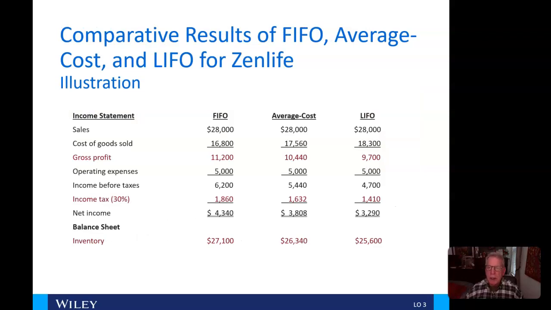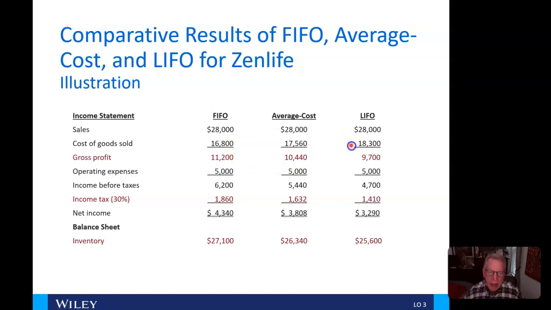Okay, now as we look at a period of rising costs and we compare these, we will always find that the average cost falls between LIFO and FIFO here. So you can see sales is going to be the same in all three scenarios. Cost of goods sold will be different.